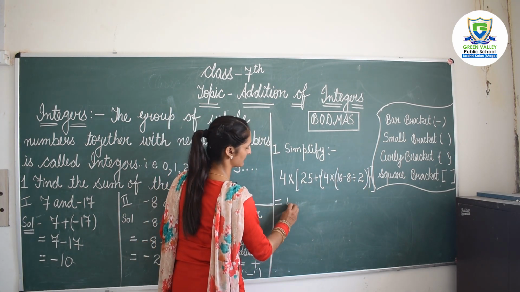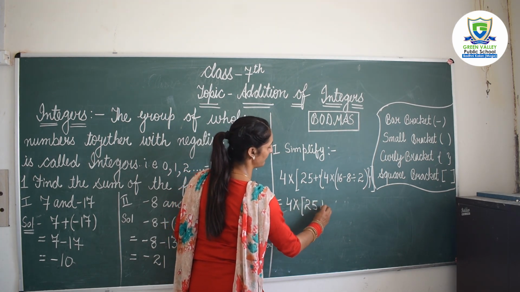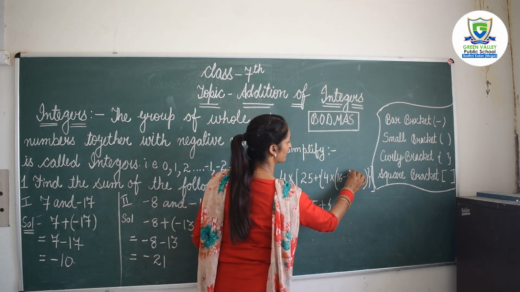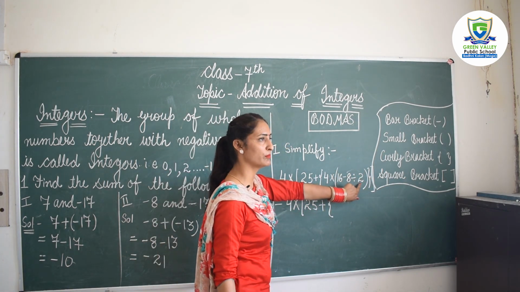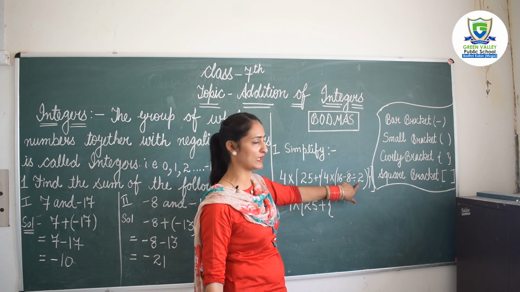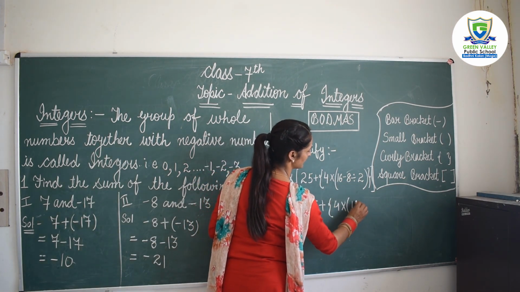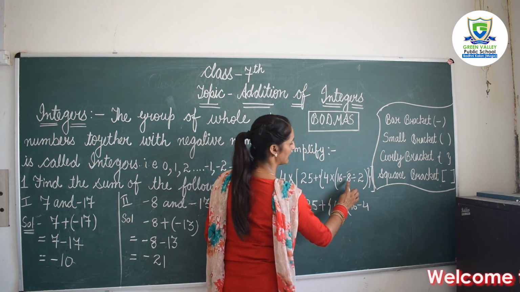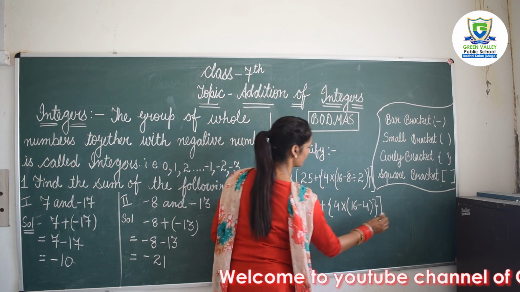So the rest of the numbers will remain the same, and we will solve divide first. We will just divide these two numbers, and 8 divided by 2 is 4. So 4 multiply 16 minus 4. In place of these two numbers, we will write 4.